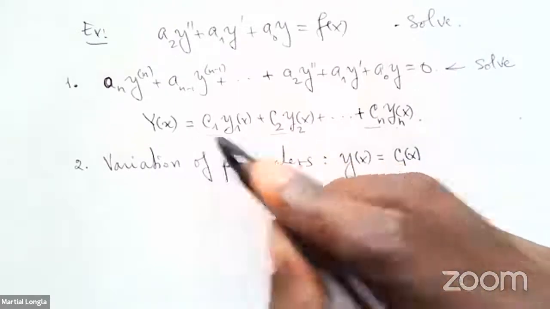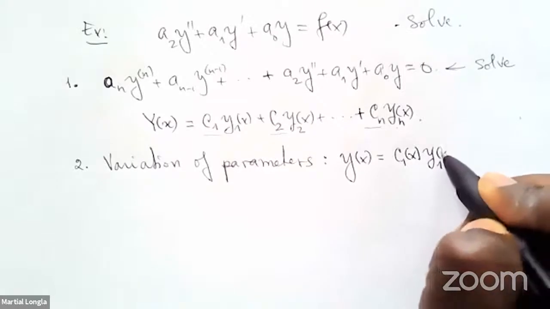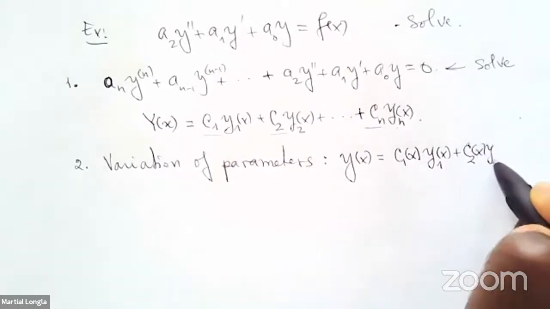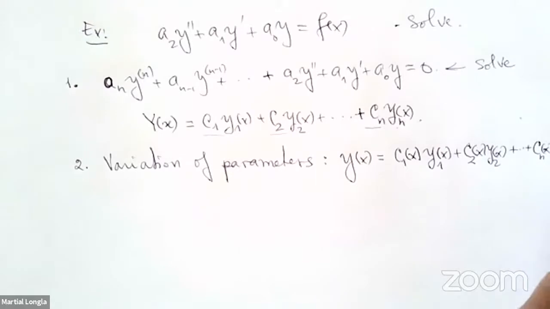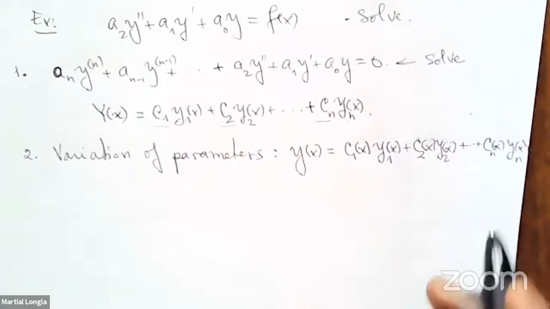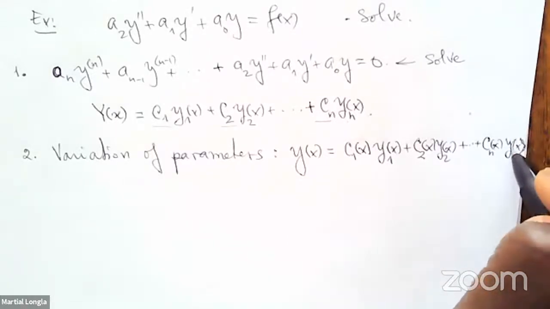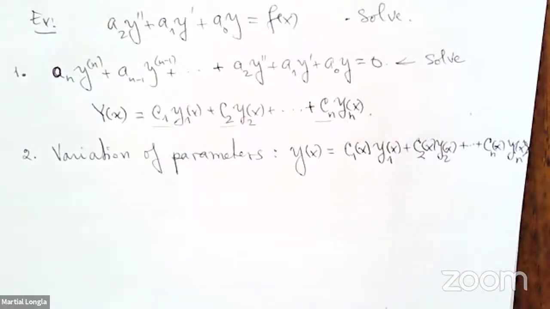Now c1 becomes a c1(x), a function of x. That's what the method means. We vary these coefficients, we make them functions.